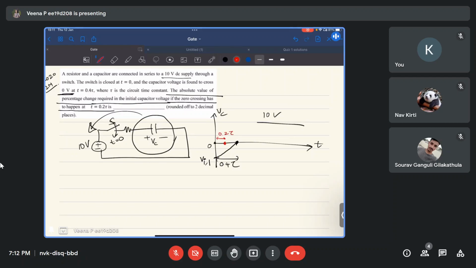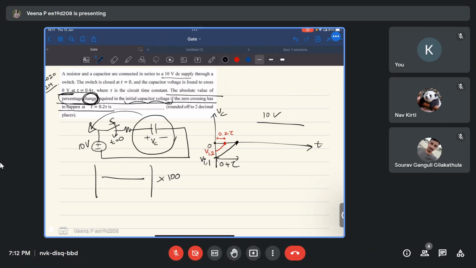Now if it has to reach 0 volt at 0.2 tau, then what needs to be the initial capacitor voltage? We have to find the absolute value of percentage change required, and percentage means absolute value into 100. So the absolute value of percentage change required in the initial capacitor voltage.